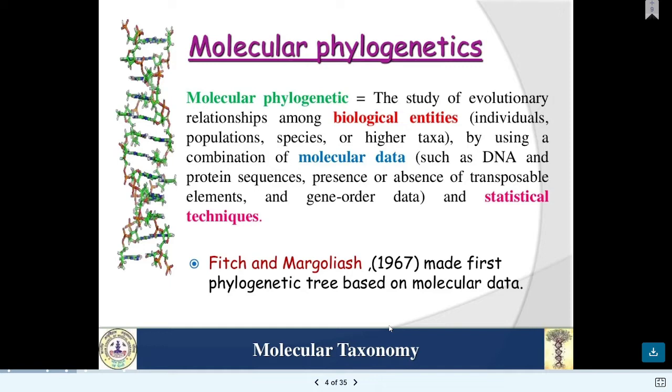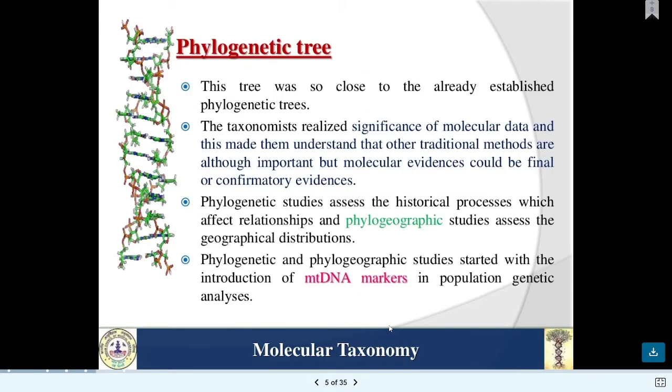It all started from Fitch and Margoliash in 1967. They made the first phylogenetic tree based on molecular data. This tree was so close to already established phylogenetic trees that taxonomists realized the significance of molecular data.